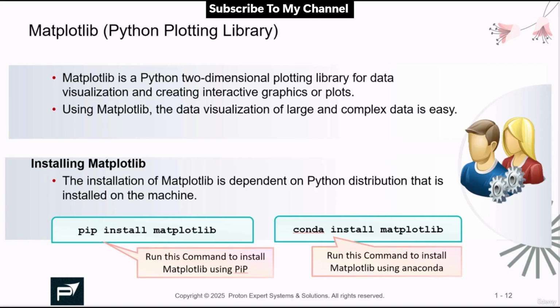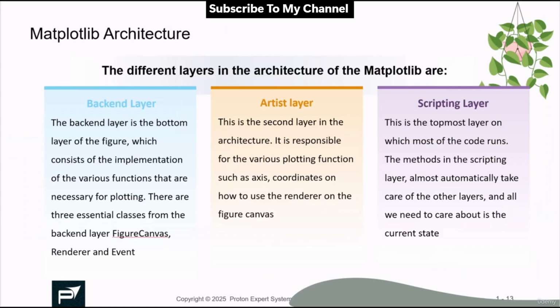Matplotlib architecture: there are different layers in the architecture of Matplotlib. They are the backend layer. This layer is the bottom layer of the figure, which consists of the implementation of the various functions that are necessary for plotting. There are three essential classes from the backend layer. They are figure canvas, renderer, and event.